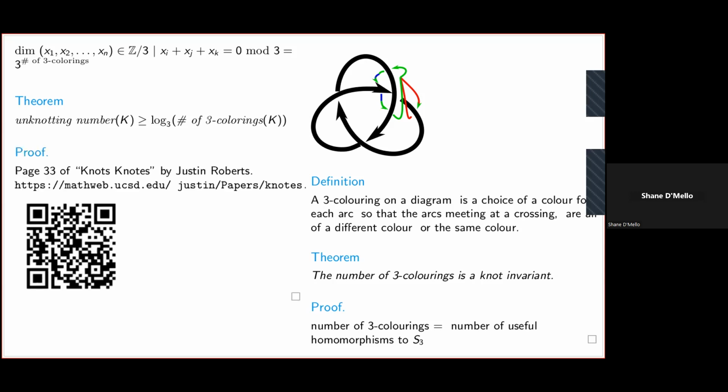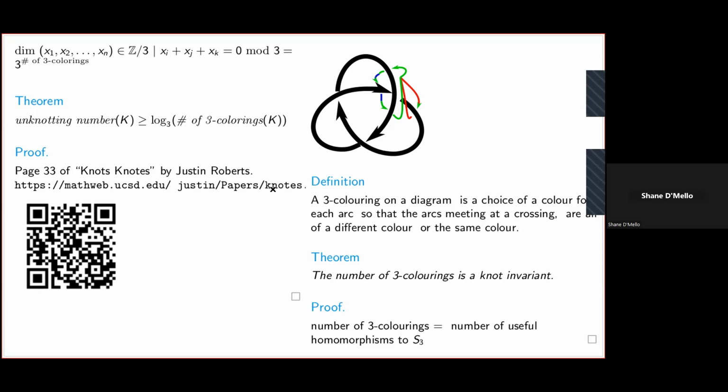Okay, so I'm not going to do the proof over here. It's actually a very simple combinatorial proof. This is in this book. There's a tilde over here, so it might be simpler for you to just scan this. This will be on the screen for some time, so you can scan the QR code. It'll take you to the website.